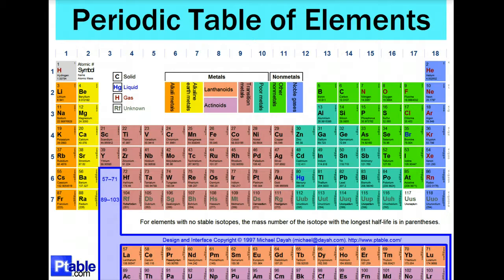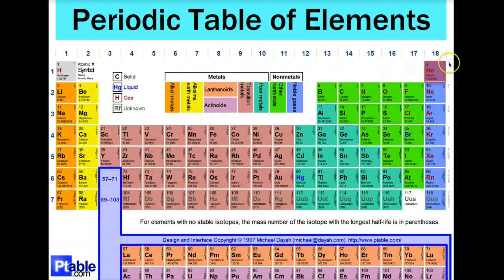So if we go to the periodic table, we see that helium, which is over here in the upper right, the one that's flashing, has 1 orbital. It's in the first period, but it's over here in group 18, and we're going to talk about why these have these numbers.